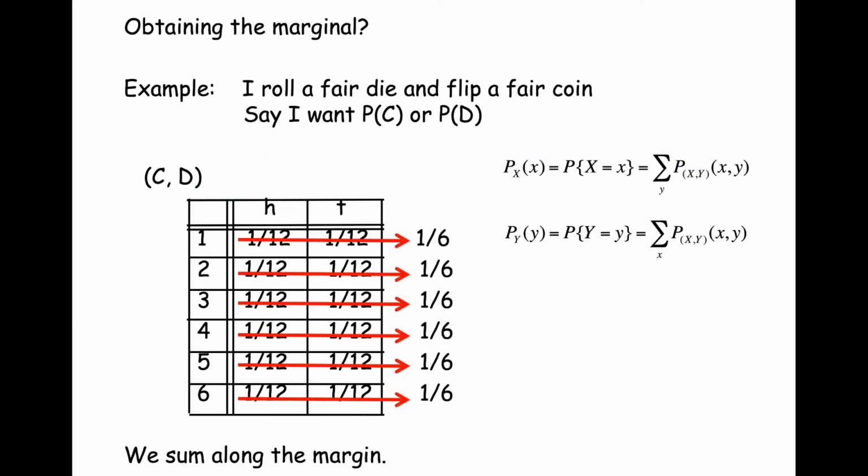Likewise, we can marginalize in the other direction. We can marginalize out the coin flip to talk about the probability of a particular die roll equaling 1, 2, 3, 4, 5, or 6. And so in that case, for example, the probability that your die roll is equal to 1, well, we take die roll equal to 1, and we say how many different ways can that die roll be 1?